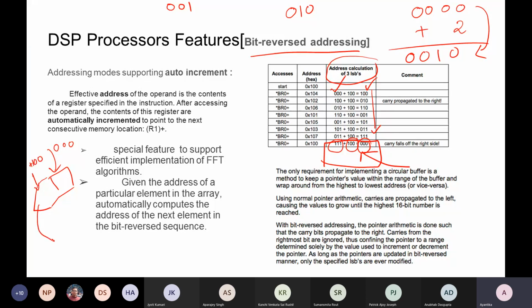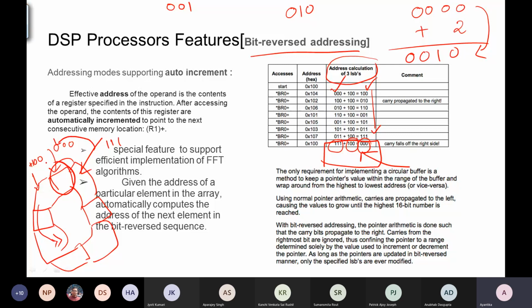That way you traverse all your locations, and so on. And then you have come back to all 1. And with again an addition of that same 100, you are coming back and reusing this all 0 location. So to implement this circular buffer scenario or circular ring-like memory, you need this type of bit reverse addressing.